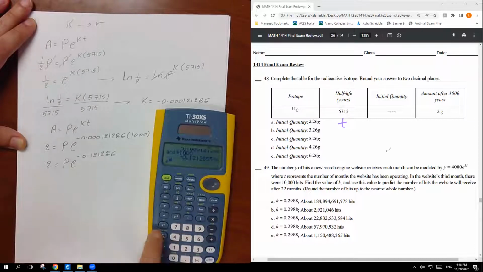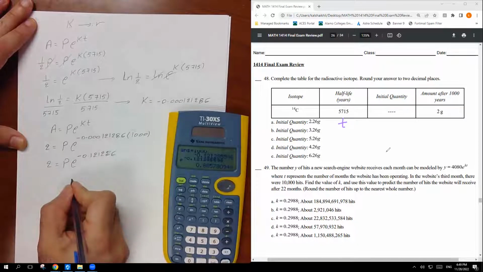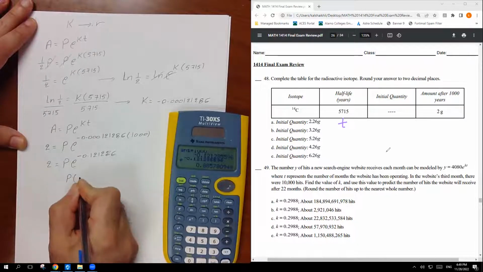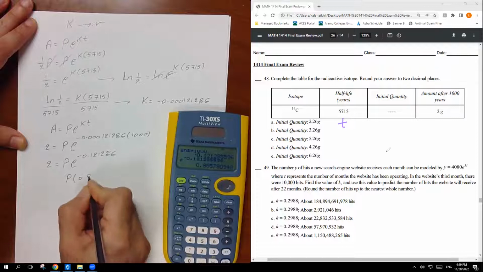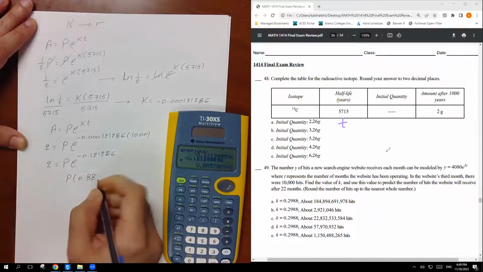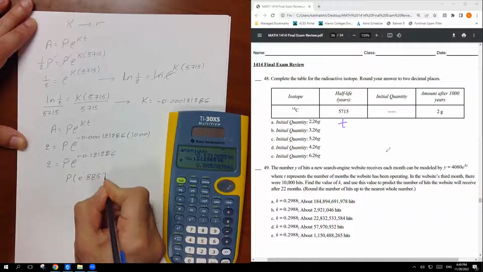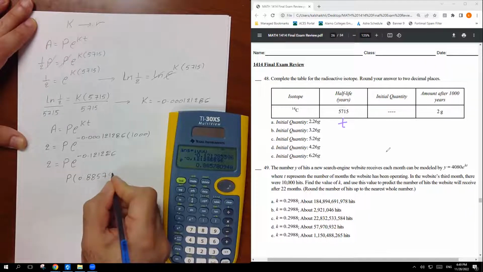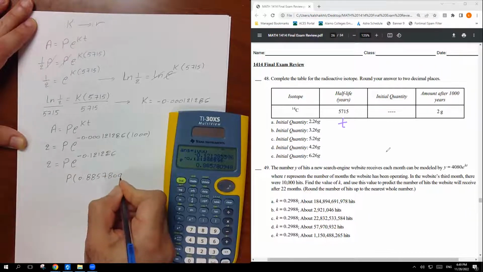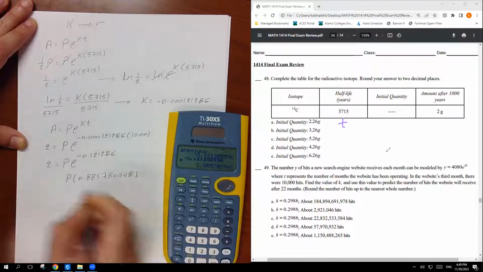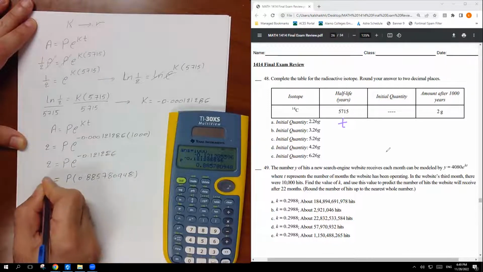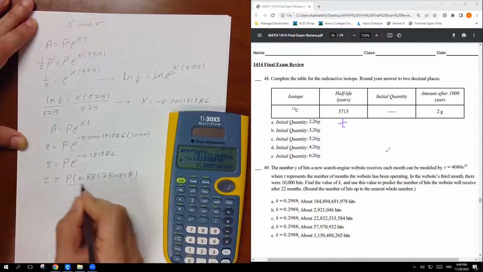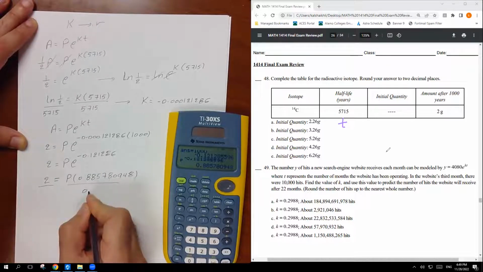Second ln, here is e. I'm going to choose this number. So e to this number is going to be equal to 0.885780948, and P times it equals 2. Then for P, you're going to divide both sides by this number.